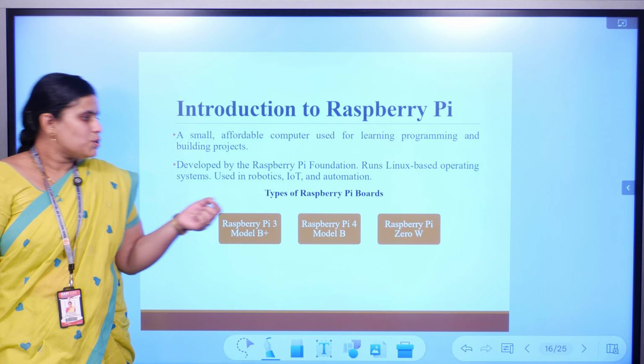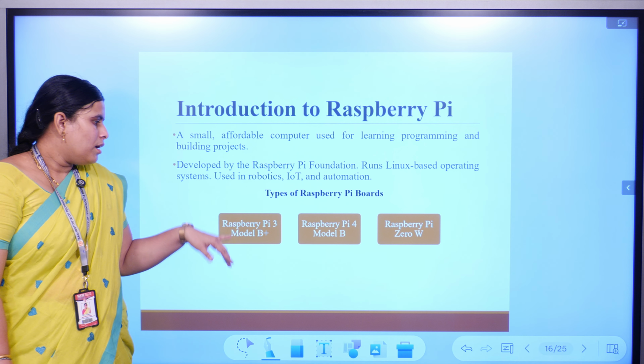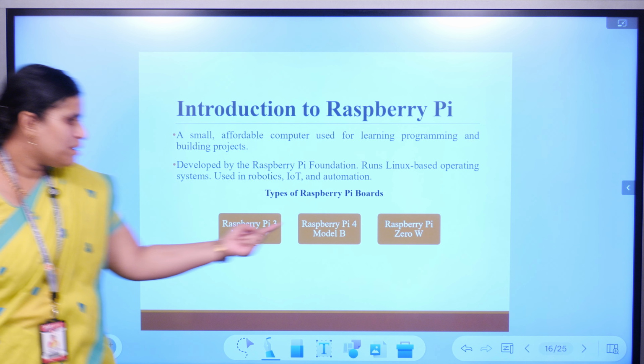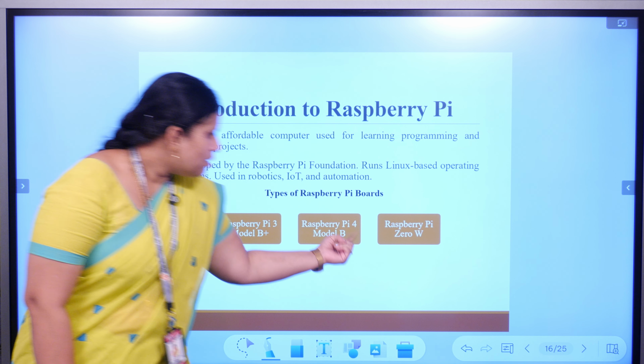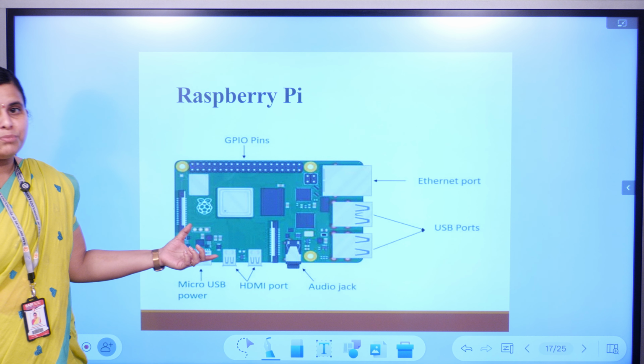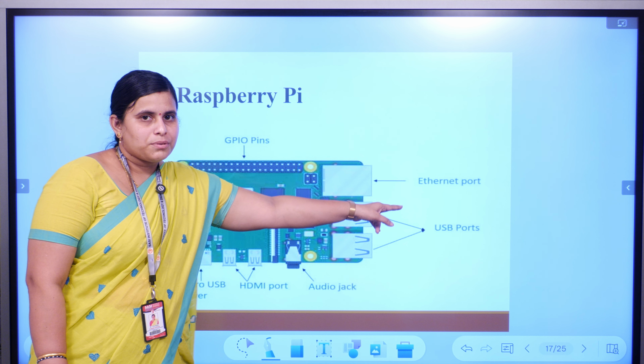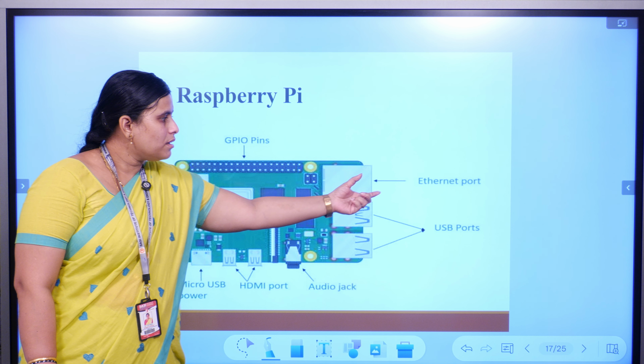In Raspberry Pi also we have different types of boards like Raspberry Pi 3 Model B+, Raspberry Pi 4 Model B, and Raspberry Pi Zero W. Okay, next, these are the types of Raspberry Pi, and here we can see how the Raspberry Pi board looks. In the Arduino, we do not have an Ethernet port, but here we can directly connect Ethernet to the board.